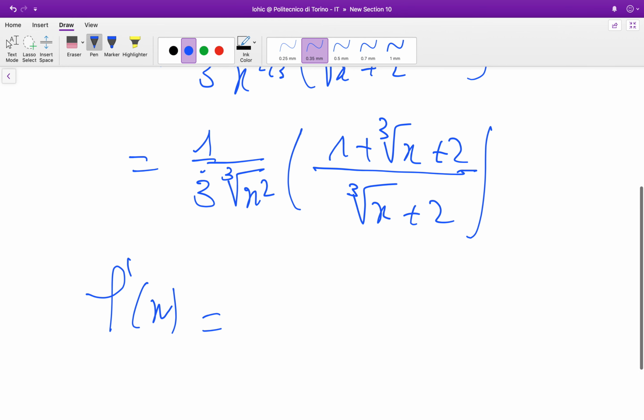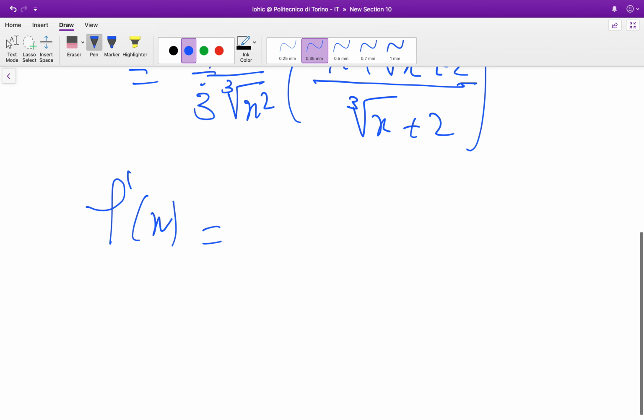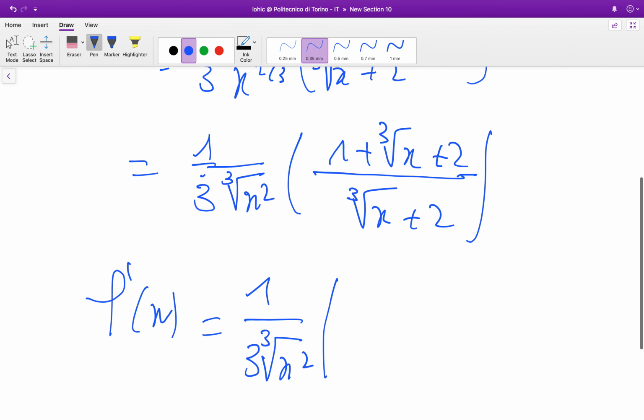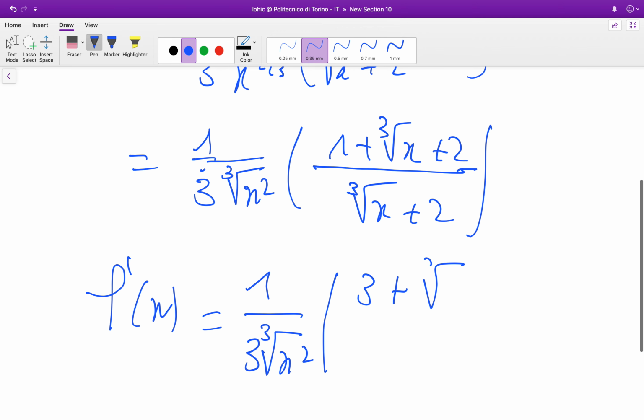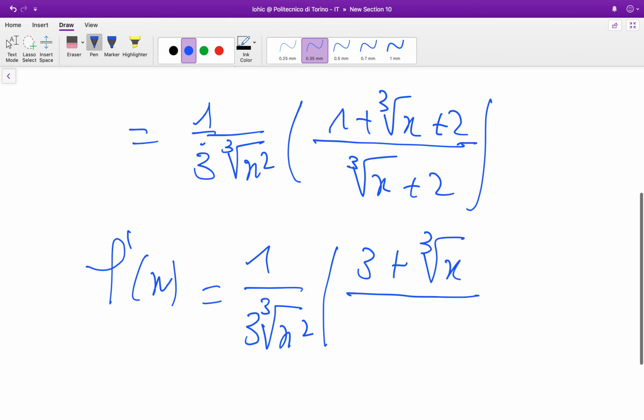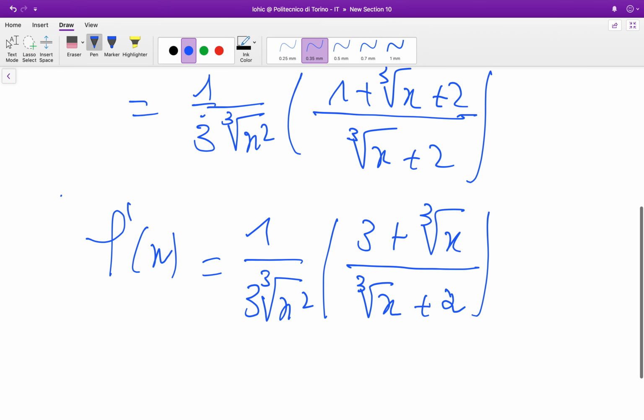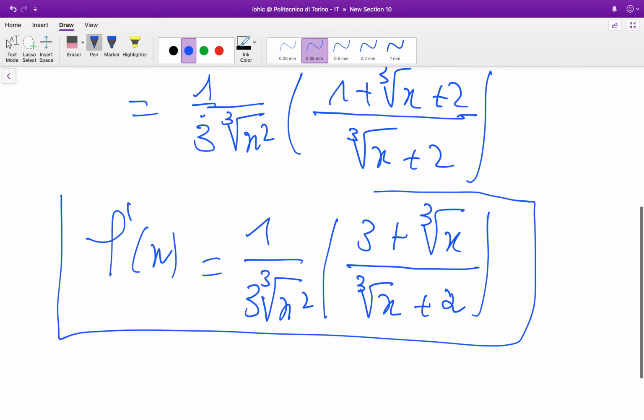I am writing the derivative so that we can directly study the sign. 1 over 3 cubic root of x squared, multiplied by 3 plus cubic root of x, divided by cubic root of x plus 2. So now this is the final form of the derivative that we got.